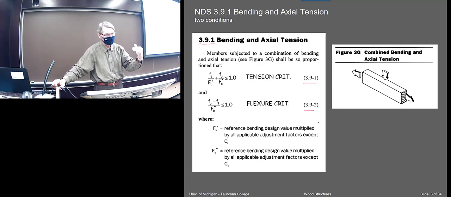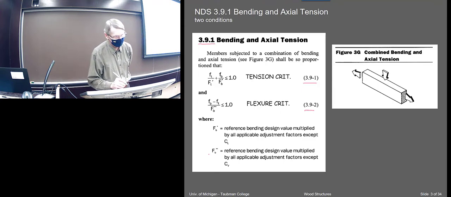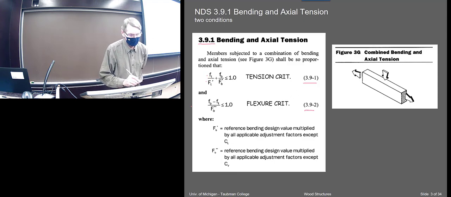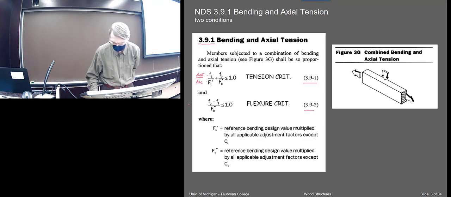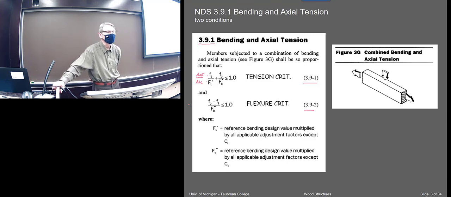So these two formulas reflect those two different scenarios, and you can see it's mostly a ratio, where we take the actual stress over the allowable, right? You've maybe seen this in the steel manual. Seems like I've seen this formula somewhere else before. For combined stress, you're essentially taking a percentage of that stress.